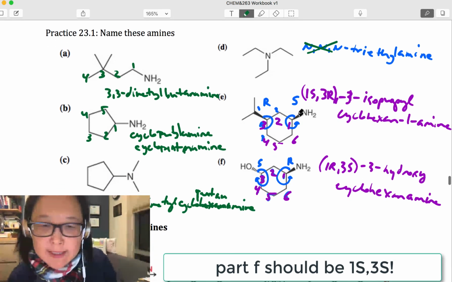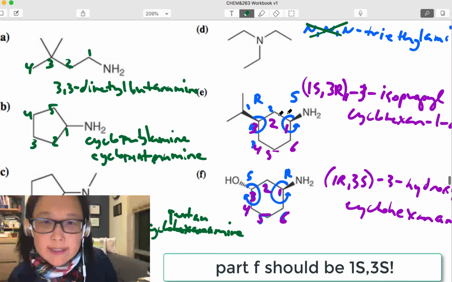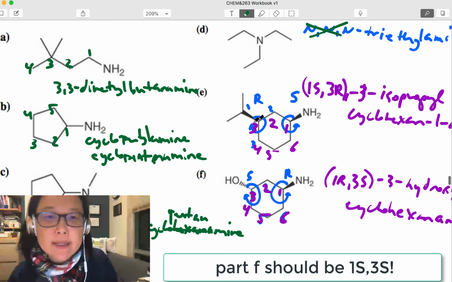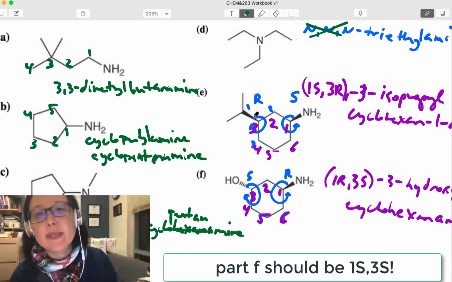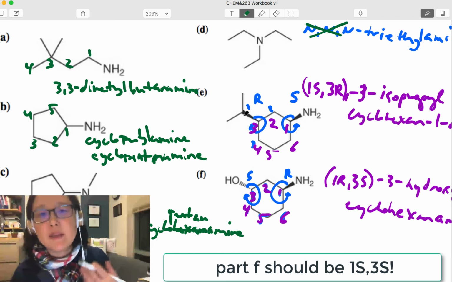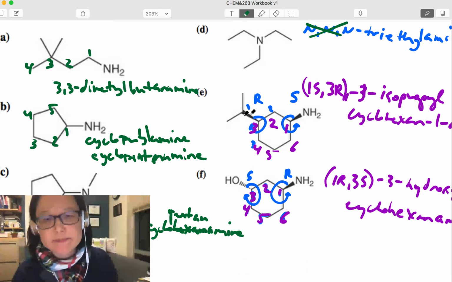So this is S because it's 1, 2, 3, and that's going counterclockwise. This one wins over this one and this one because that's 2 carbon groups. So 1, then this one eventually has the nitrogen. This one has just carbon. So 1, 2, 3, that's clockwise, so that's R. And both of these have priority 4 in the back.